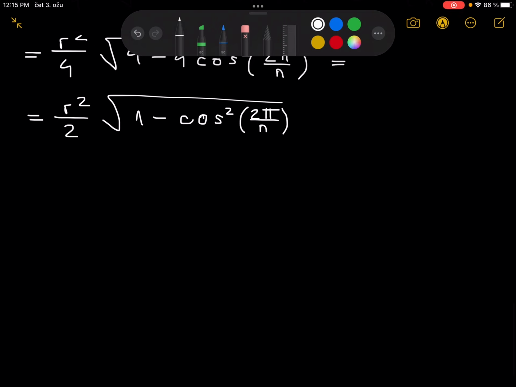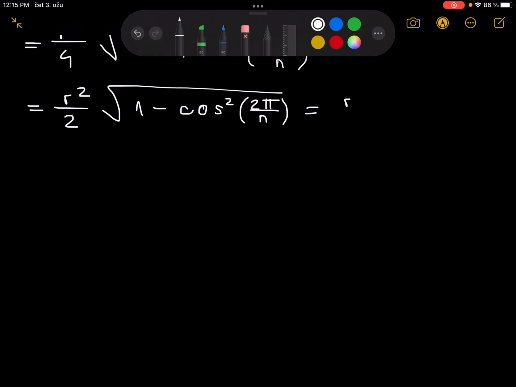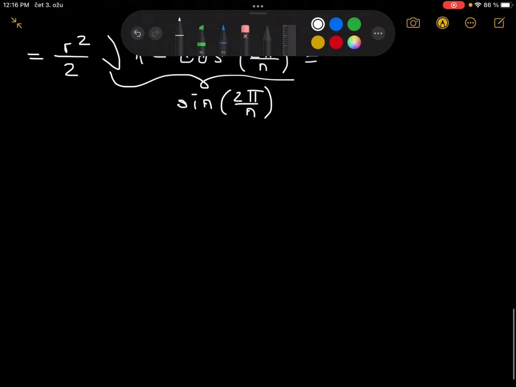And once we remember the basic trigonometric identity, we know that this quantity right here is just equal to sine of 2 pi over n. Okay, so all of this is equal to r squared over 2 times the sine of 2 pi over n.